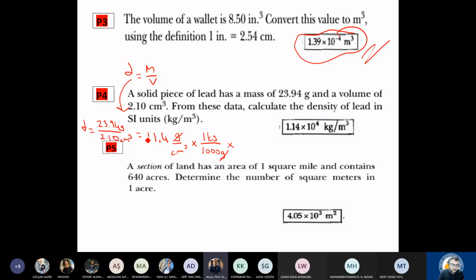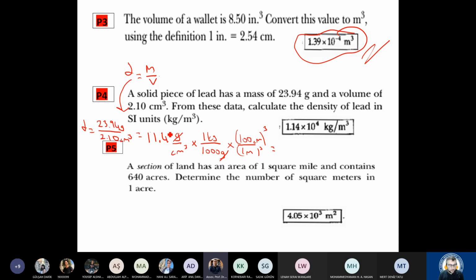So the unit of the length must be on the bottom. 1 meter is 100 centimeter, but you must also take the cube, and make the calculation. Now centimeter cubes are cancelled, but there is 100 to the power 3.